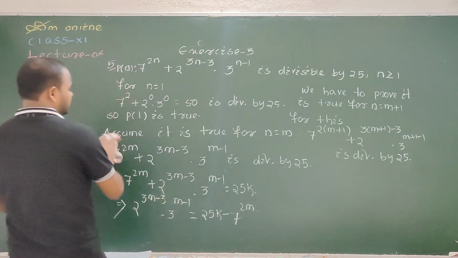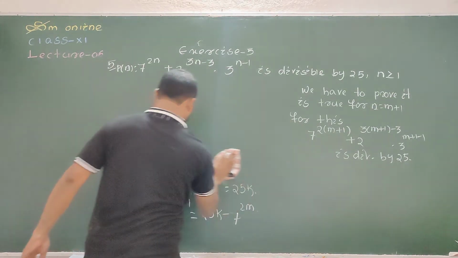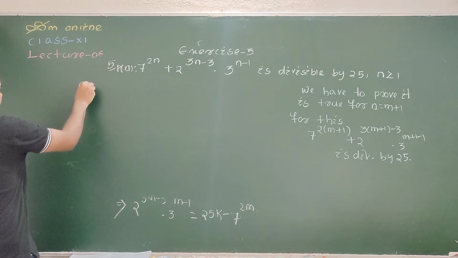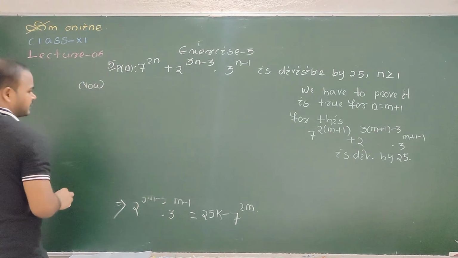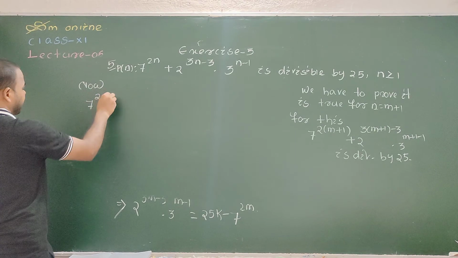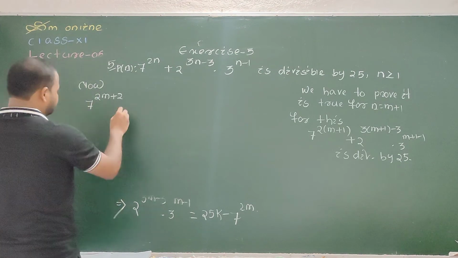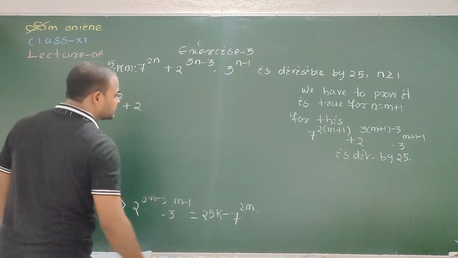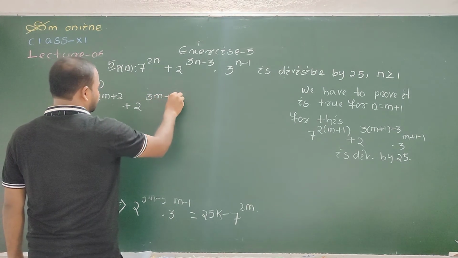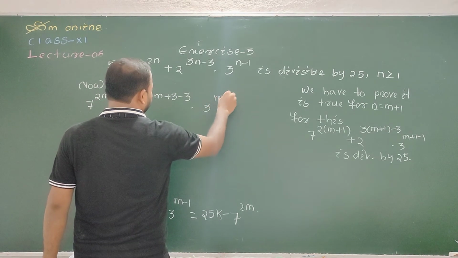Now this is 7 to the power 2m plus 2, plus 2 to the power 3m plus 3 minus 3 into 3 to the power m plus 1 minus 1.